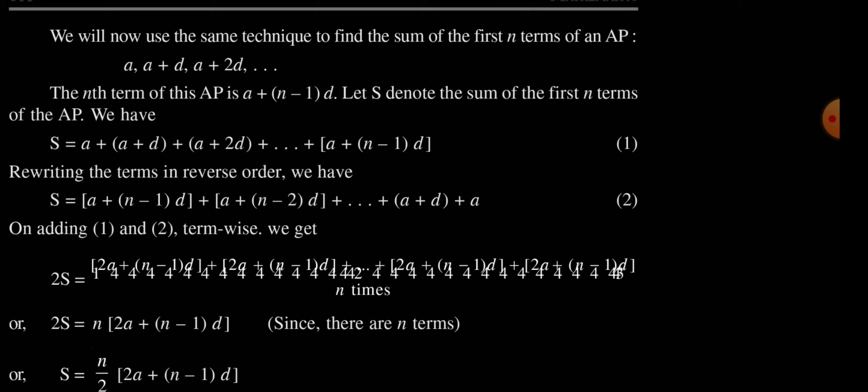Let us denote the sum of the first n terms of an AP by S. We have S equals a plus (a plus d) plus (a plus 2d) plus up to (a plus (n minus 1) into d).